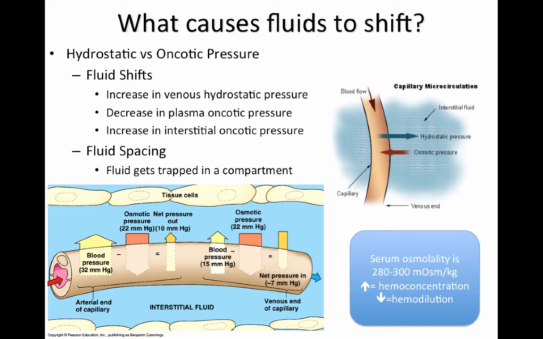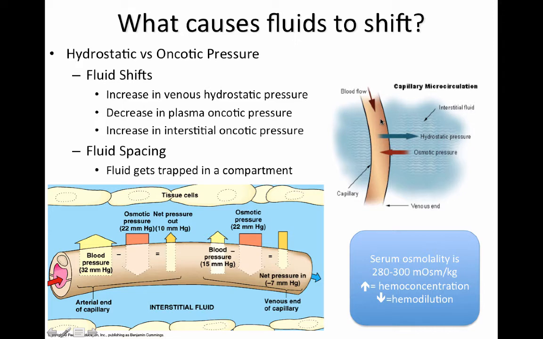So it's highest at your arterial end, right? Which makes sense because that is where your blood comes out of the left ventricle into the aorta, which is a very large artery. Hydrostatic pressure is highest at that end, and it's lowest all the way at the other end, the venous end of the capillaries.